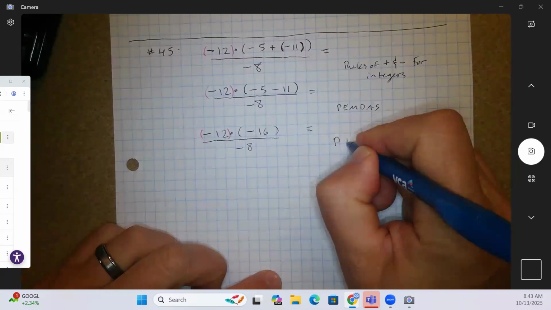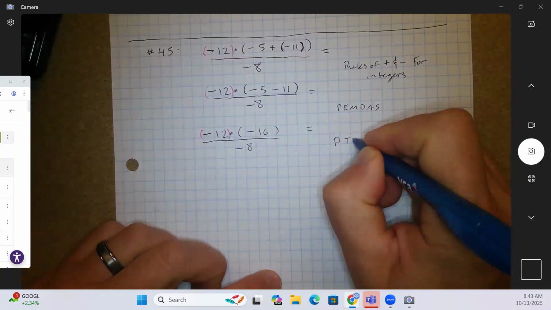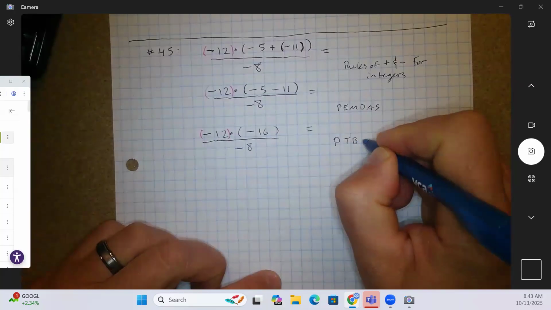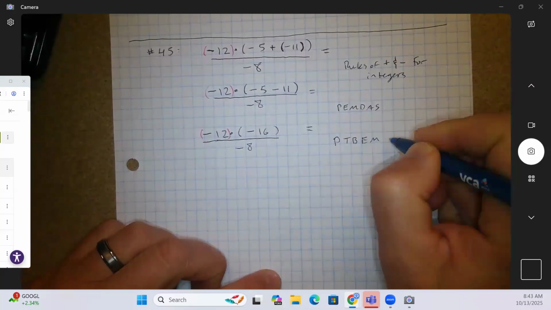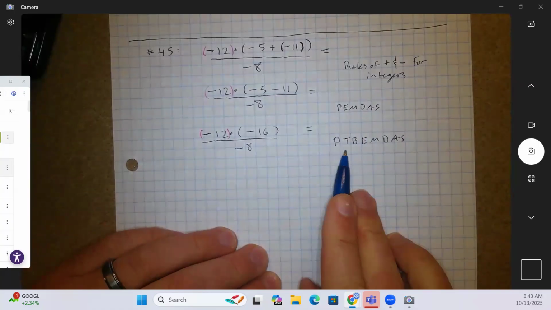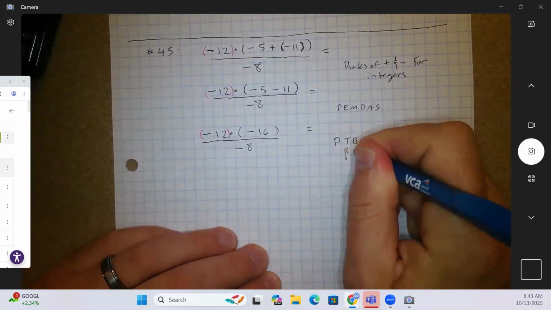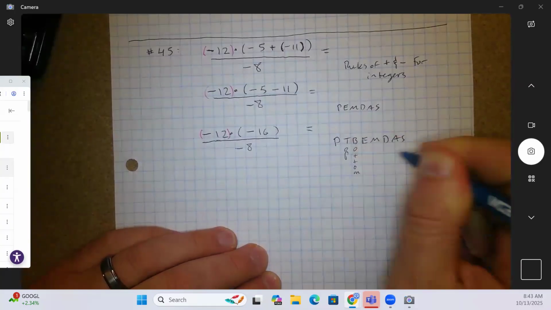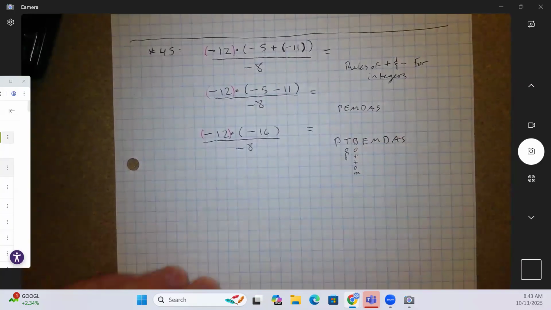So really it should be BEMDAS, right? That's really what it should be, because when you have a division, you do the top and the bottom before you move on with the other things.